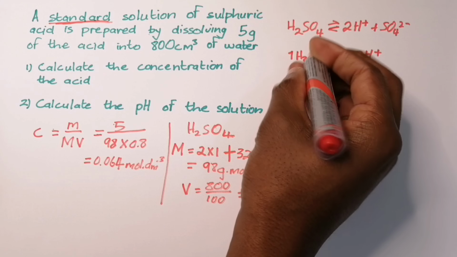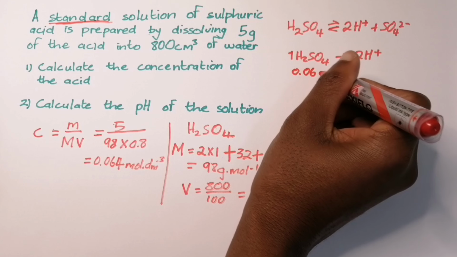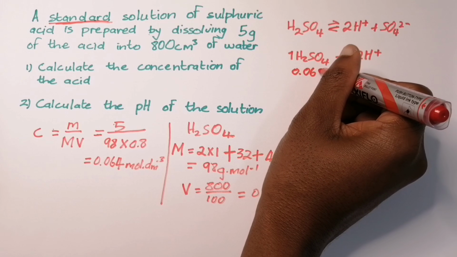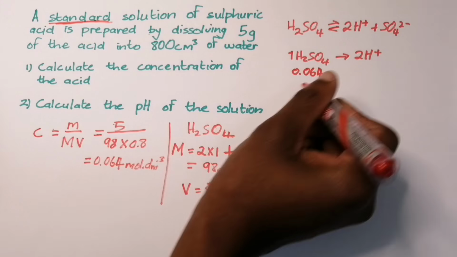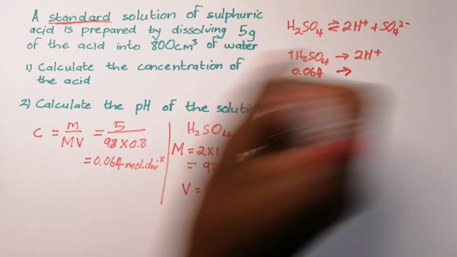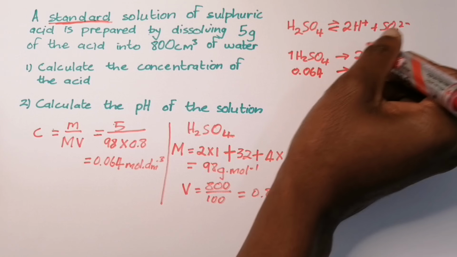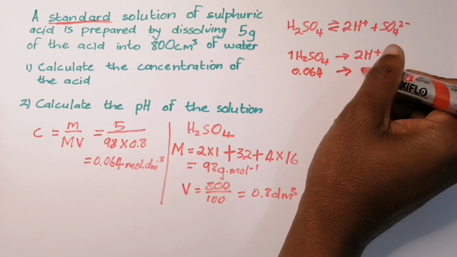Now what's the concentration of sulfuric acid? You put the same thing on the same side. So for 0.064 of sulfuric acid, which is the concentration of sulfuric acid, what would be the concentration of hydronium ions?